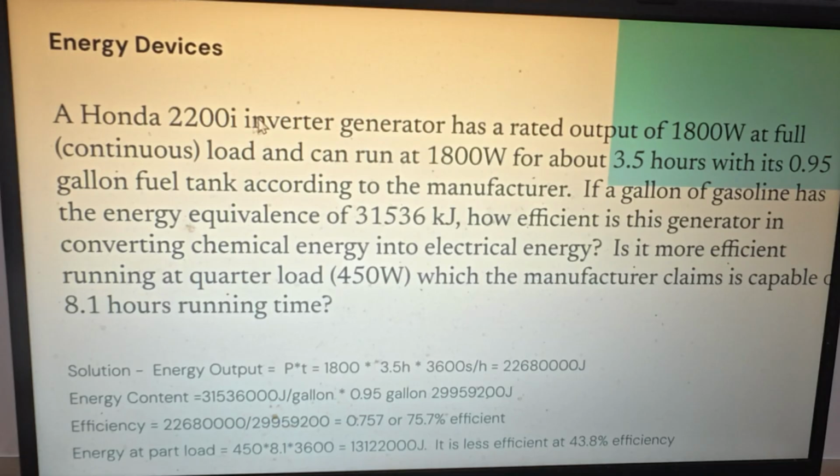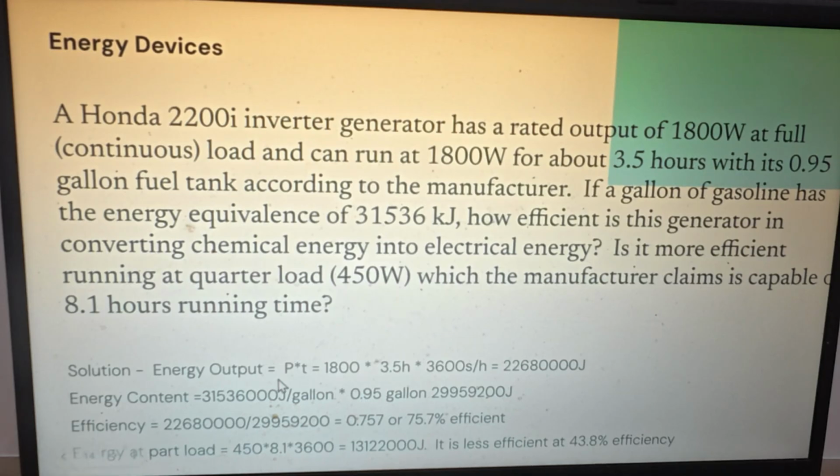So the difference is these inverter generators are DC generators that convert to AC using an inverter, and the old-fashioned generators are AC generators, which produce AC directly from the motor turning the generator. So let's take it one piece at a time.